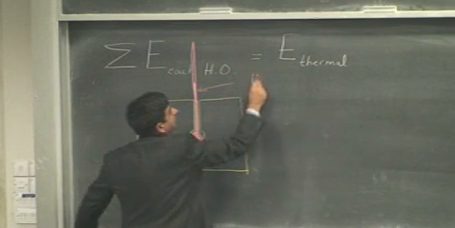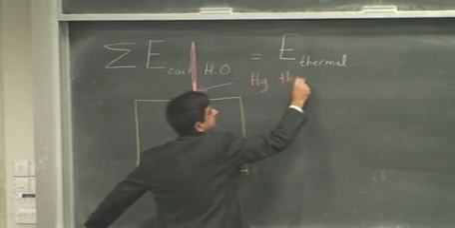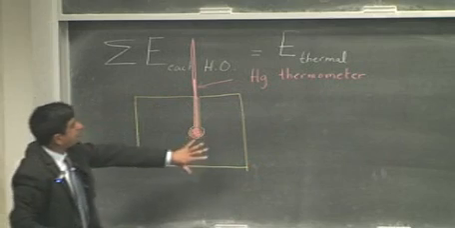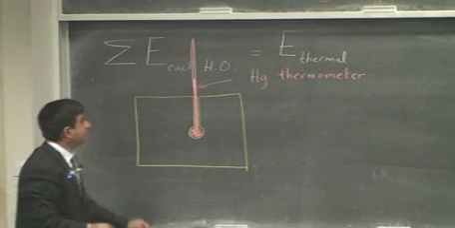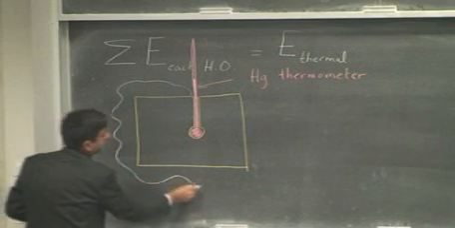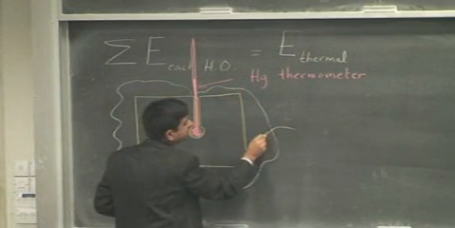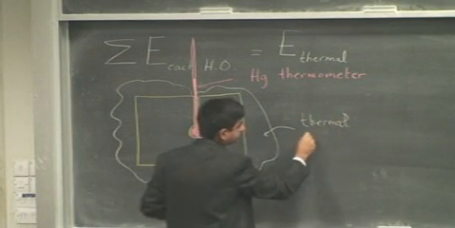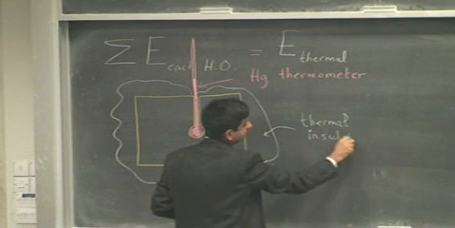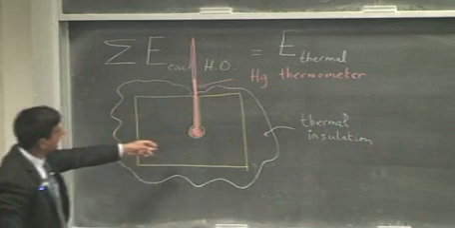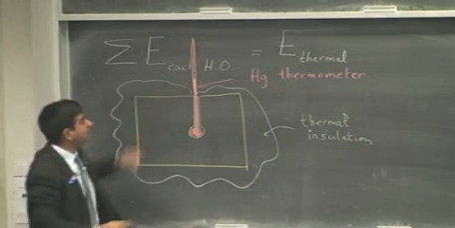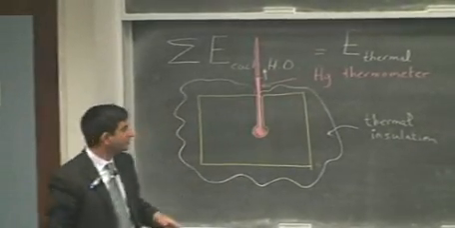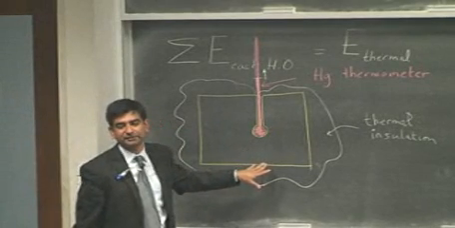So this is a mercury thermometer, and this object is insulated from its environment. So this is some kind of thermal insulation. Now when I place this glass bulb inside the solid, the mercury level would rise or contract depending upon what the temperature of the solid is.